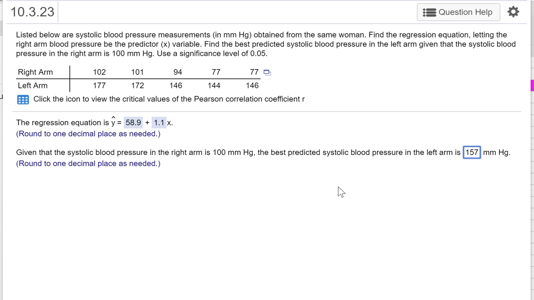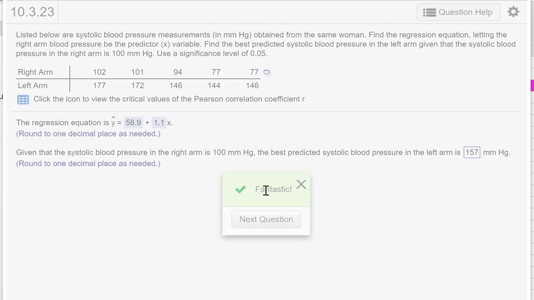Again, if that p-value had been lower than 0.05, I would have used my regression equation line and put 100 in for x. But it wasn't, so I can't use that regression equation line. Now, I'll be honest, you really don't even want a regression equation line if it doesn't accurately model the data. But this is the order in which they put these questions, so let's just go ahead and go with that.